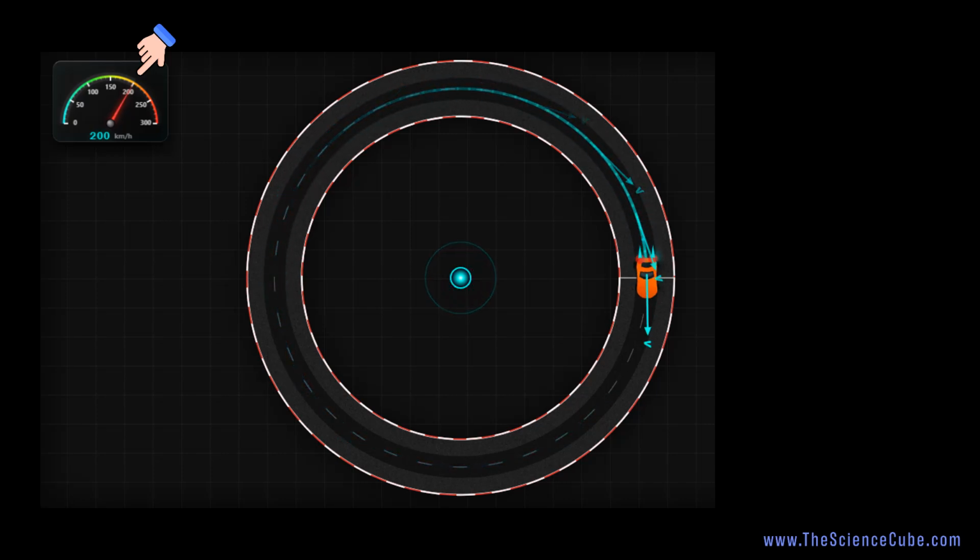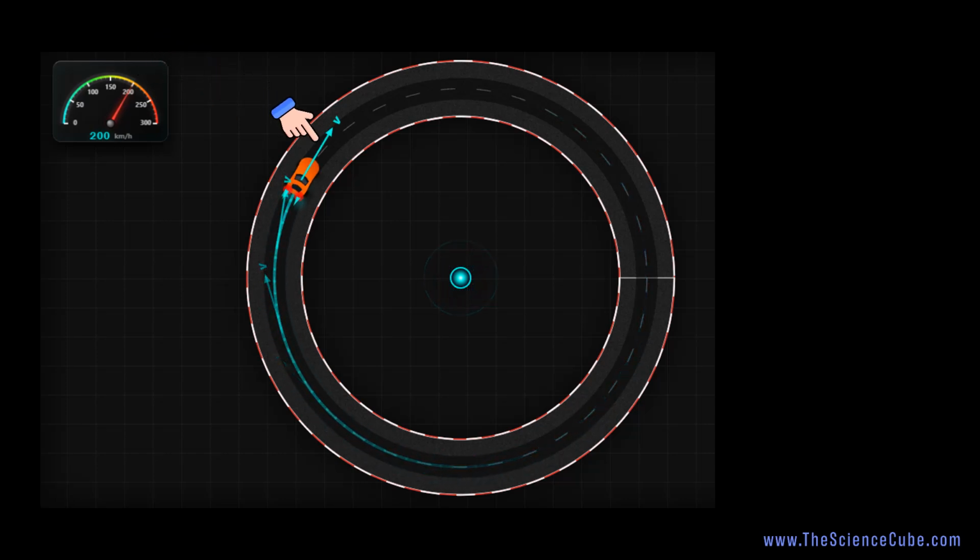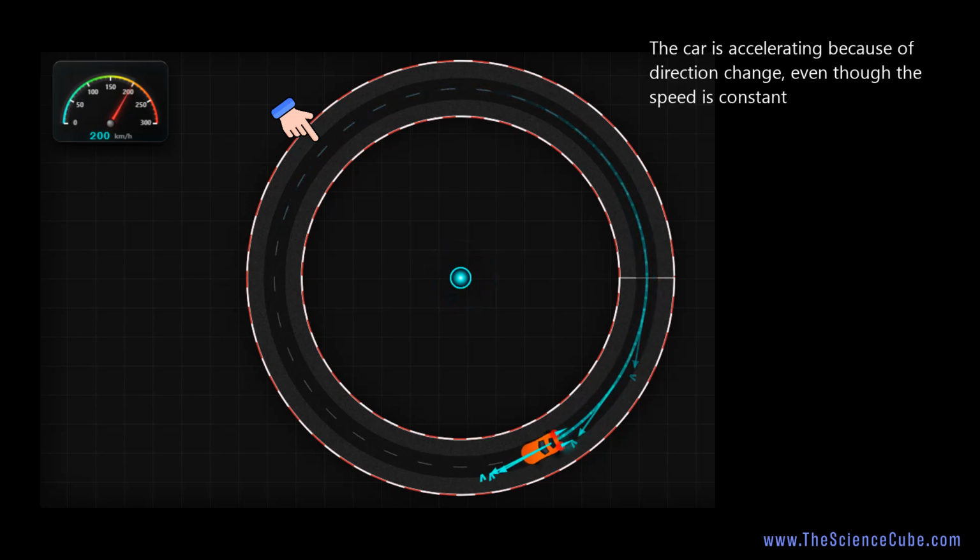But the car is accelerating at every instant because the direction of its velocity is changing at every instant. And this acceleration due to direction-only change is what we will later call centripetal acceleration. And we will come back to this kind of acceleration when we study circular motion later in the course.